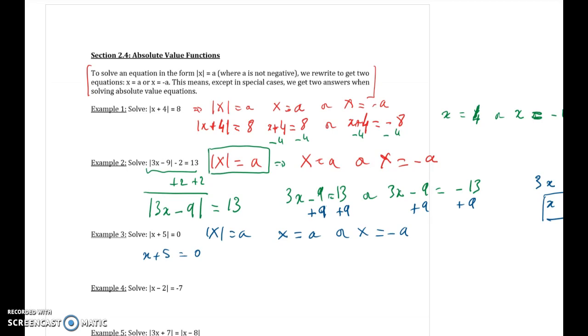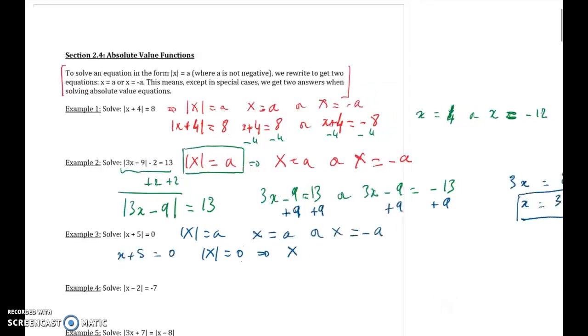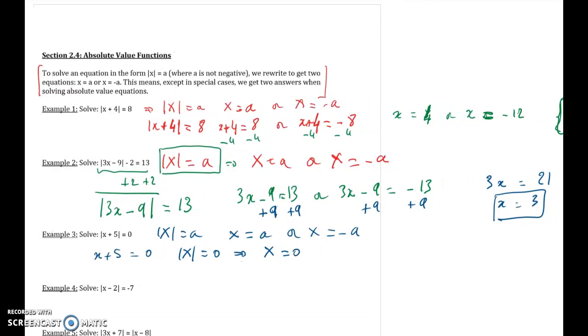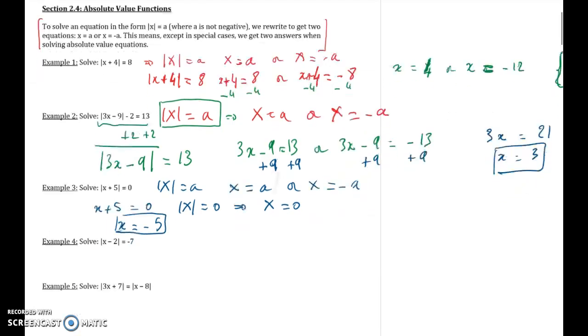It doesn't make any sense. So when you have the absolute value of an algebraic expression equal to 0, you can directly write that the algebraic expression equals 0, period. Therefore, the only solution is x equal negative 5.